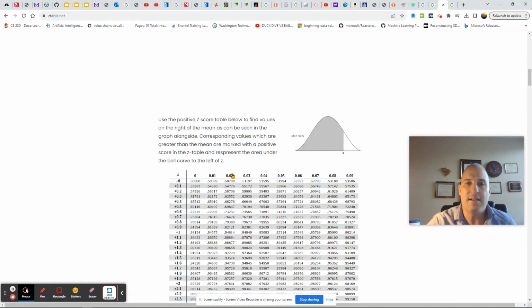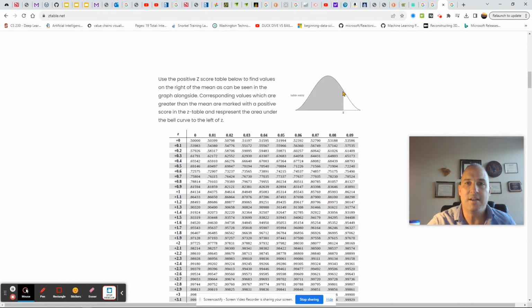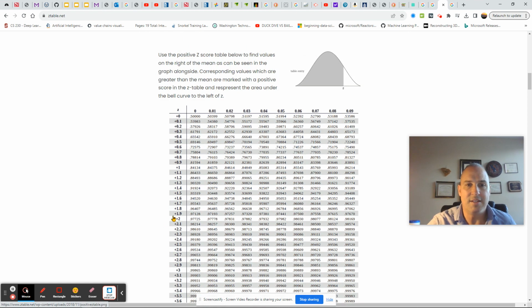We can calculate the probability of this entire area off to the left, and we can also calculate the little white area here to the right by doing 1 minus this probability in this table. So the white probability would be 1 minus the probability in this table. The gray area would just be the number in this table. And again, 1.96... Oh, actually, this is one-sided.